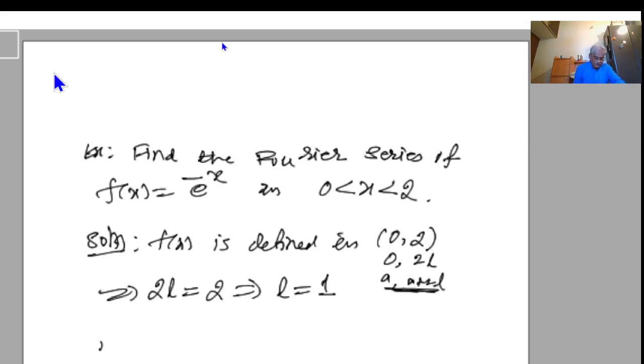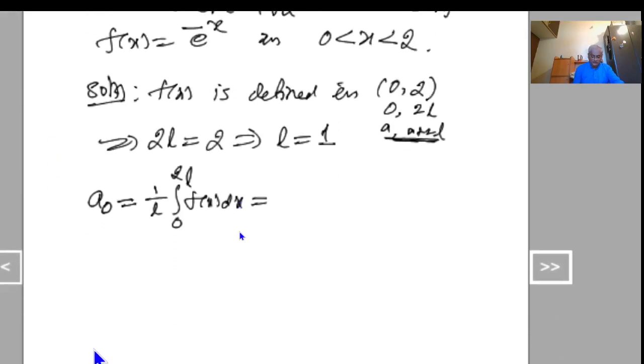Then our formulas, Euler's formulas, are a naught equal to 1 over L into the integral from 0 to 2L of f of x dx. Here L equal to 1. Therefore, a naught is equal to 1 by 1 is 1, integral from 0 to 2 of e power of minus x dx.